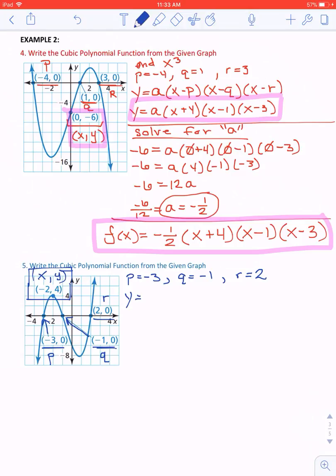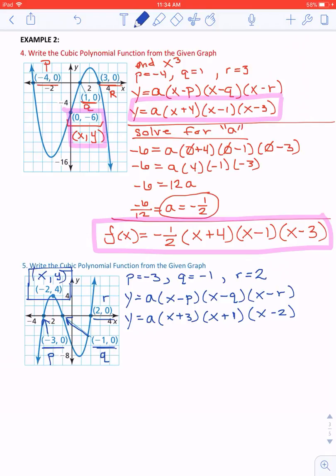Use the intercepts. So A times X minus P times X minus Q times X minus R. So X minus -3, X plus 3, next, X plus 1, because Q is -1, and next, X minus 2.